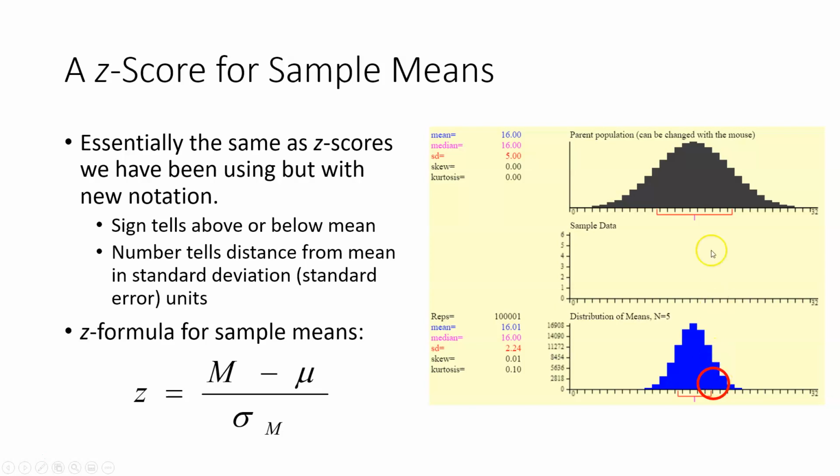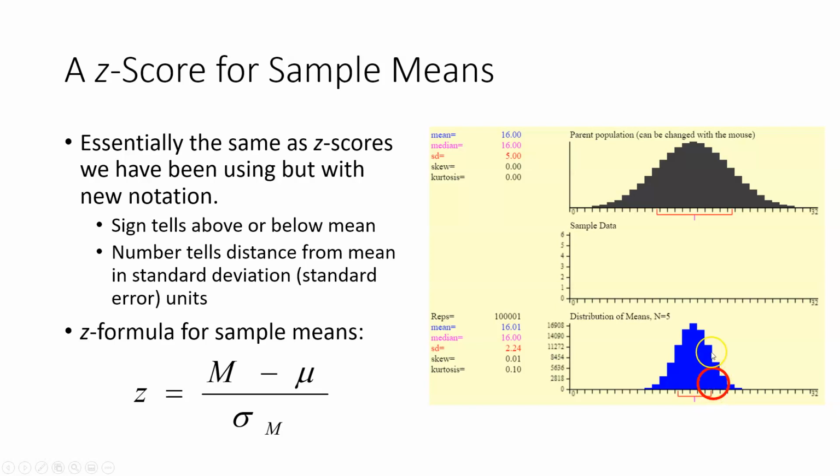So instead of using a score from a population, we're using a sample mean from a sampling distribution. But the principle is still the same. If we were to look at this individual sample mean here and say, what's its z-score likely to be? Since the standard deviation of this sampling distribution is reflected by the red line, you could say this falls just beyond that.